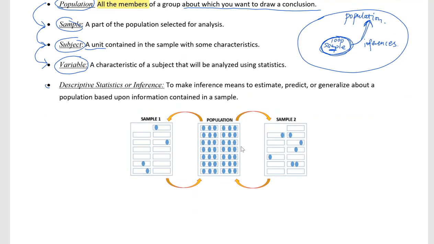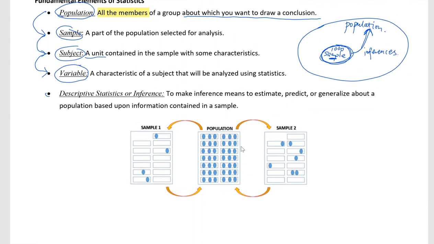Alright, so the last concept or element of statistics I want to talk about is called descriptive statistics or inference. Inference. We have already talked about that actually. We say we want to make a conclusion about the population.